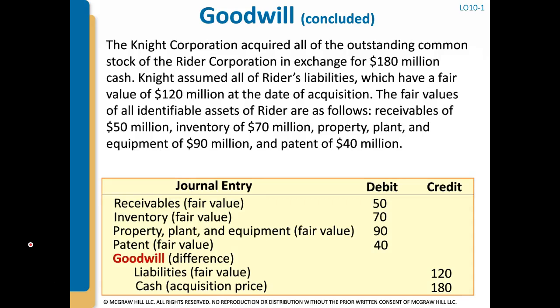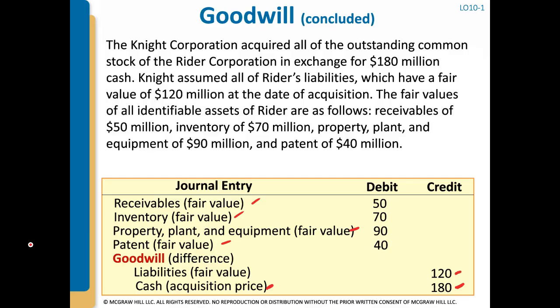How do we record that? Well, now we've acquired it. Our cash price is 180 million, so we're going to credit cash for 180, and then we're going to debit each of the assets that we acquired through this sale: receivables, inventory, PP&E, and patents at their fair value. You can see the amounts listed here.